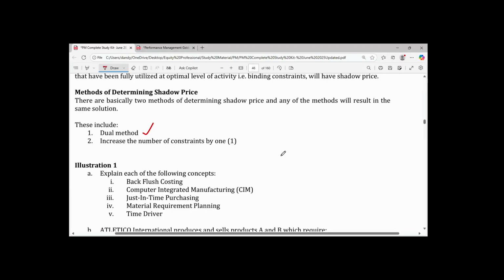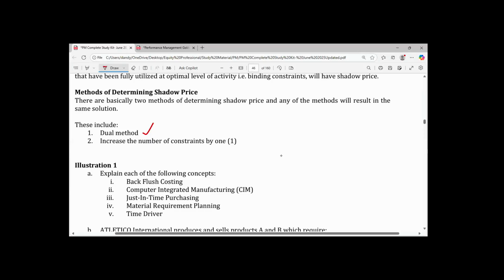You have said that the company should produce so much quantity of product A, so much quantity of product B. That level whereby the decision is made, that's the optimal level of activity. Therefore, you are going to identify the two equations that intercept at that level of activity. So that's the first step.